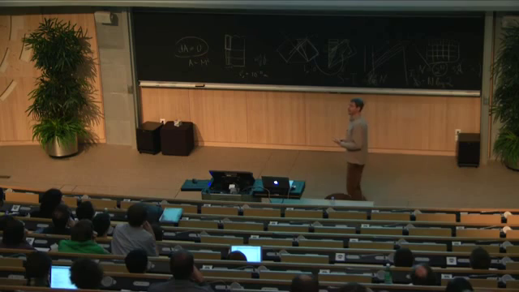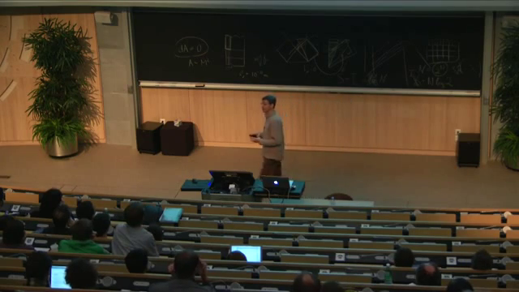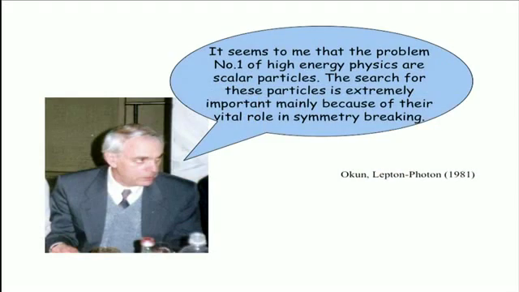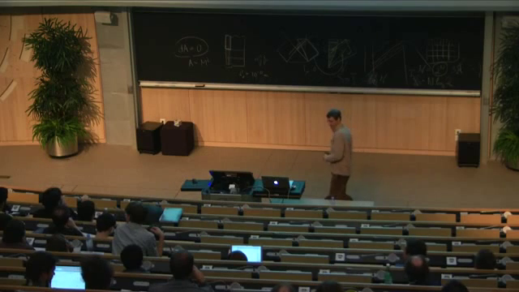Supersymmetry in the 80s, the idea that the scalar fields now have a meaning as part of the fundamental theory. And indeed, in a prescient point of view, Okun, in a lepton-photon conference in 1981, says, it seems to me that the problem number one of high-energy physics are scalar particles. The search for these particles is extremely important, mainly because of their vital role in symmetry breaking.